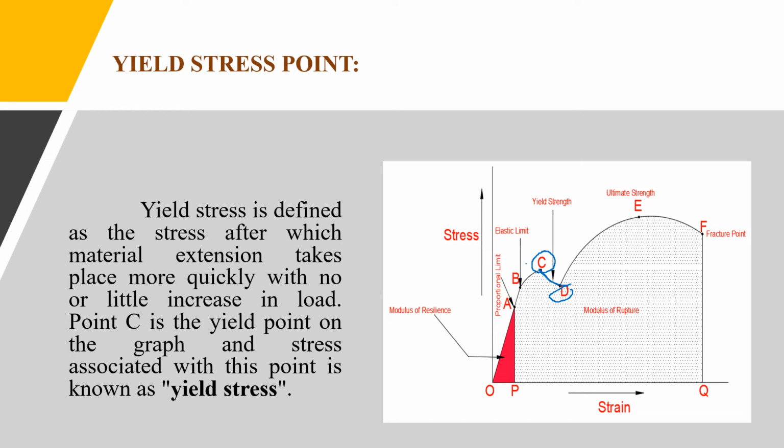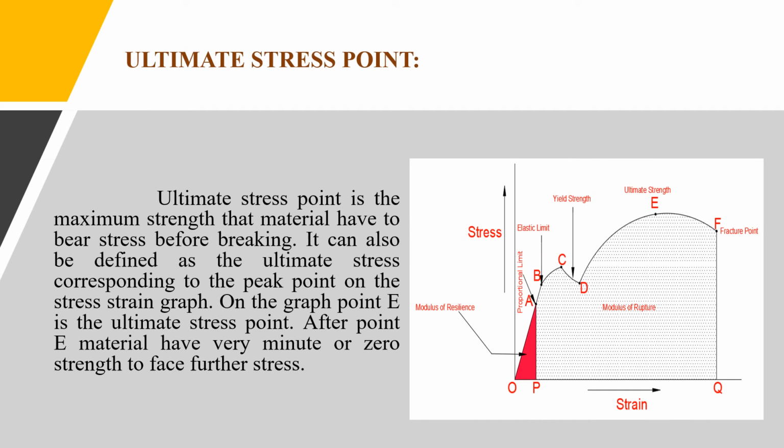And coming to the next stage, that is ultimate strength. In this figure, the point E is the ultimate stress point. At this point, the material reaches the maximum strength before breaking, and this is also called ultimate stress. It corresponds to the peak point.